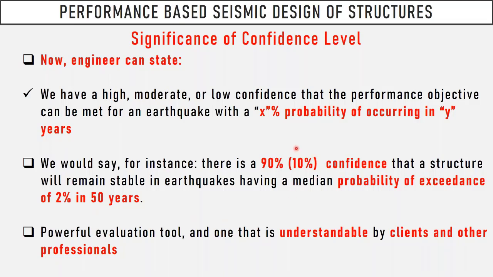In other words, in 10% of cases, the building may be unstable. As an engineer, you will decide, okay, I'm satisfied with 10%. But then another engineer may say 10% is quite high. I will go for 2%, 5%, whatever it is.